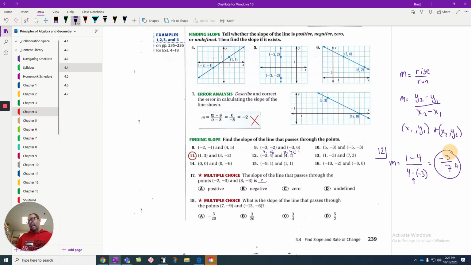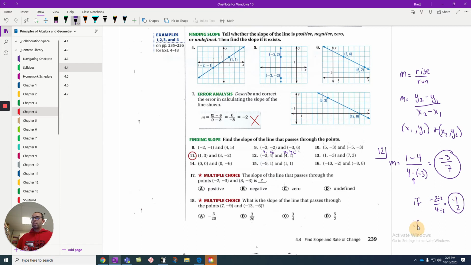Now notice it's negative, which means that the slope is trending downward, so I expect this line to drop. If you ever get like a negative 2 over 4, notice that 2 and 4 both divide by 2, meaning that this is reducible. If I divide the top by 2 and the bottom by 2, I would get negative 1 over 2, which would be a better version than 2/4.